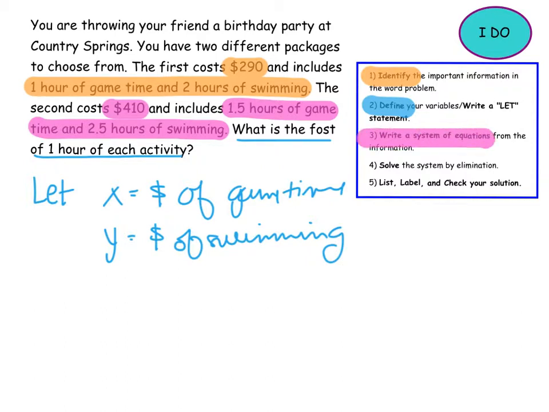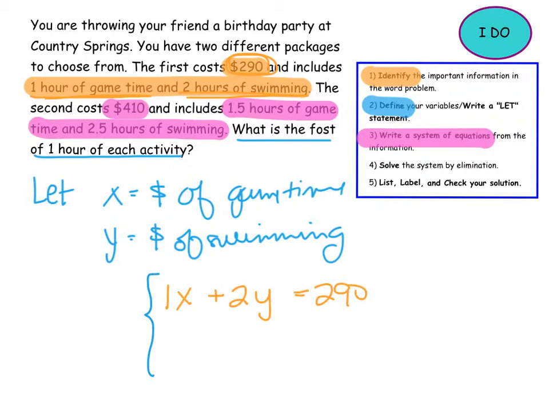of equations. And so if we take our system, remember it's in curly brackets, and then in the orange, it costs a total of $290 for 1 hour of games, 2 hours of swimming. And so 1 hour at X dollars for game time and 2 hours of swimming at Y dollars will cost you $290.